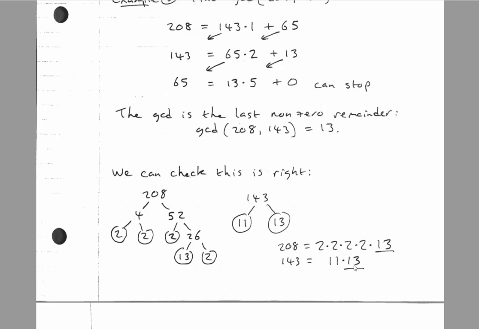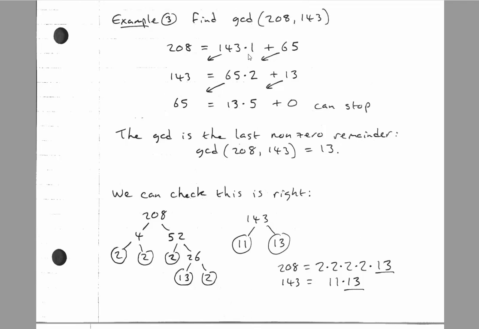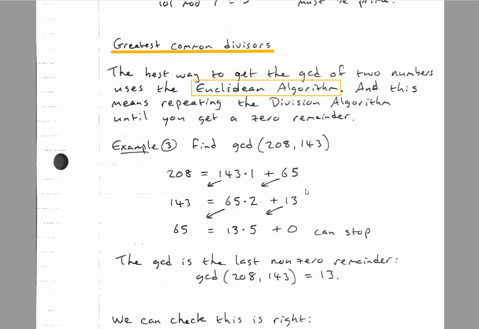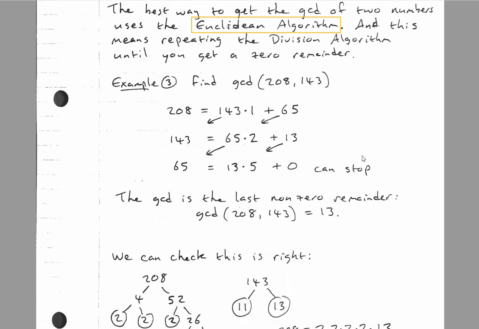So the only factor they have in common, the greatest and only factor, is 13. So the Euclidean algorithm checks out. In this case, 13 is definitely right. You'll probably be asked to do one of those on the test.